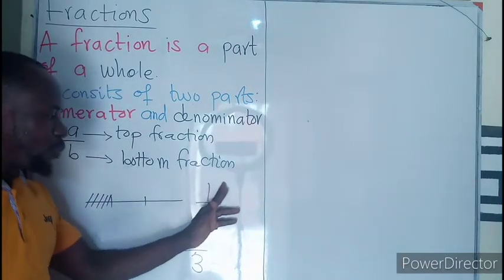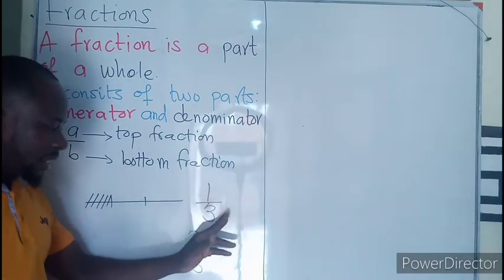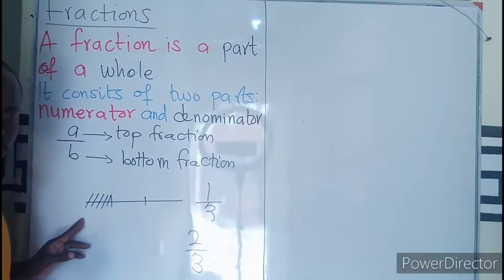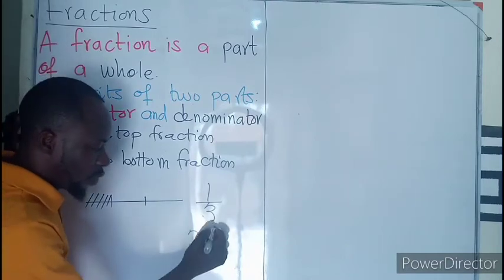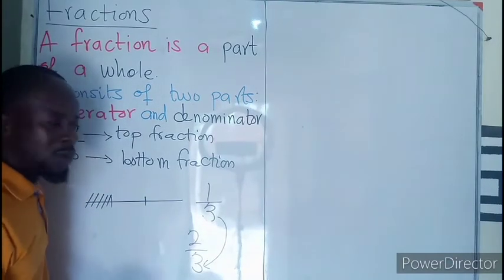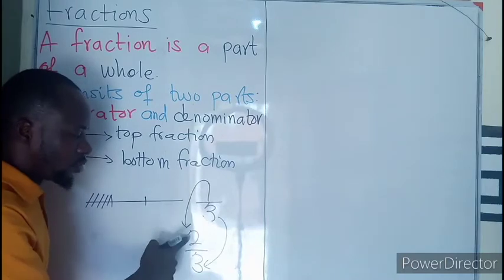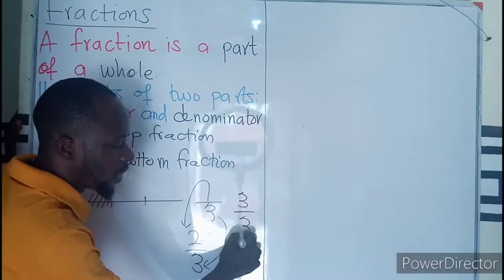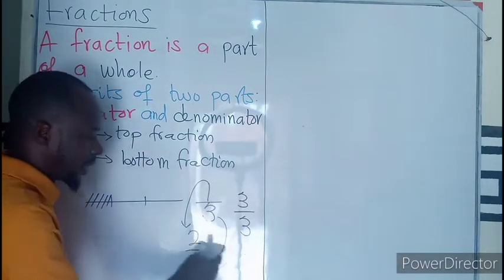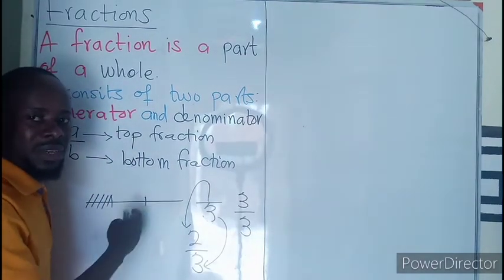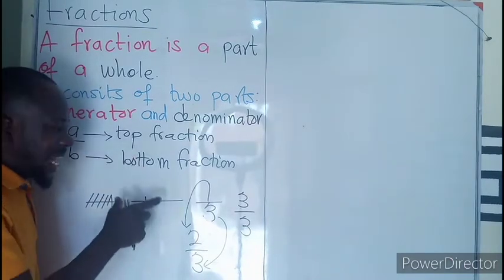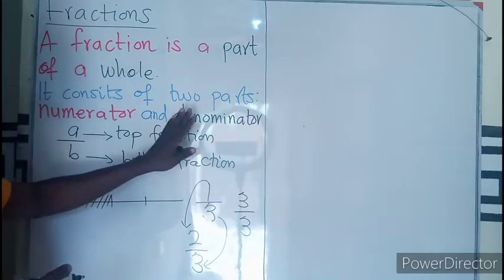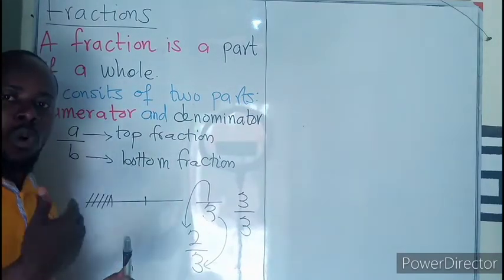So if I put the 1 out of 3 together with 2 out of 3, I should be having the whole. Meaning, if I look at the denominators, they are all the same. So if I add the 1 to the 2, I'll be having 3 out of 3. And 3 out of 3 simply means that there is no division. We are only having a whole number. That is a whole, because 3 out of 3 is what? 1.